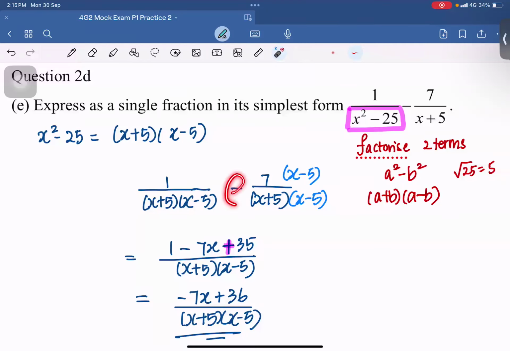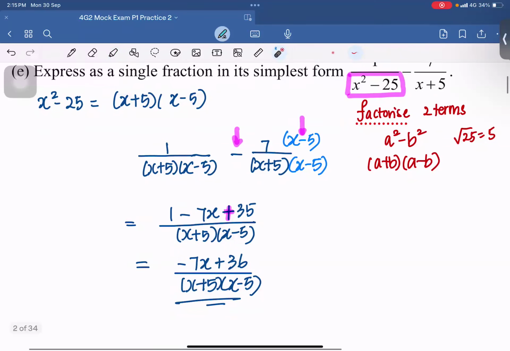And next thing to take note, this one is a negative sign. When I multiply by something, my sign inside may change. So must take note of the negative sign here. Okay, must observe this. So now I put it into my same denominator, x plus 5, x minus 5. Then this is 1 minus, I'm going to multiply it inside, yeah?